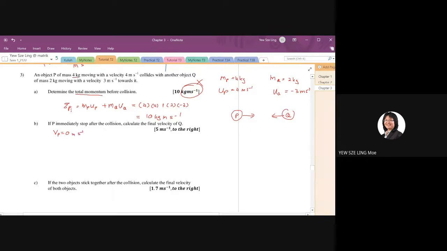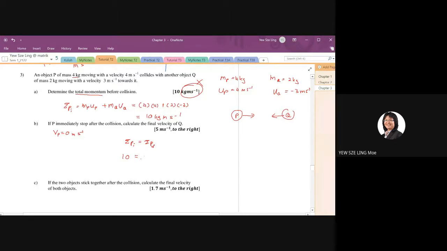All right, so calculate the final velocity of Q. Again, we are going to use summation P initial equals summation P final. Initial we have already, so you don't have to calculate it anymore. So 10 equals final.